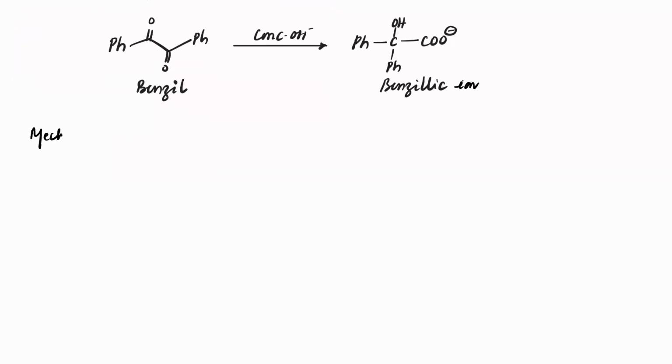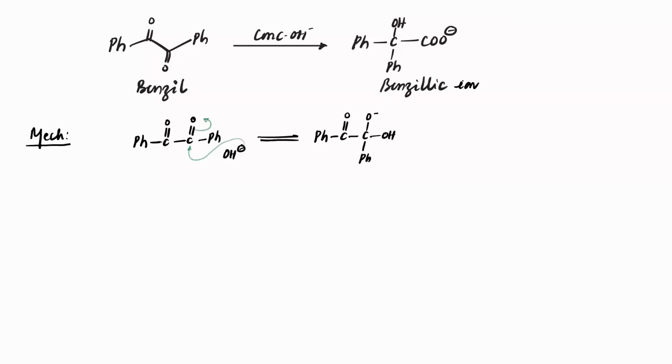So check out the mechanism. It is very similar to Cannizzaro. So we have Ph-C=O, C=O-Ph. As OH minus reacts, it will attack one of the carbons here. Then it will form Ph-C=O, C-O minus, with Ph and OH.